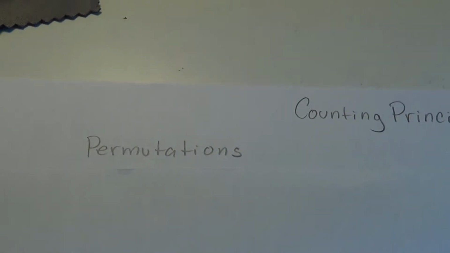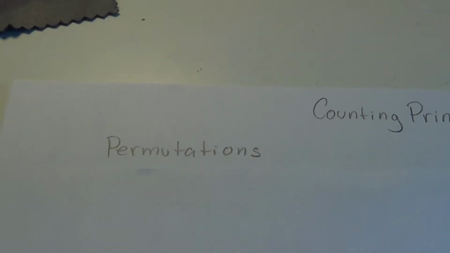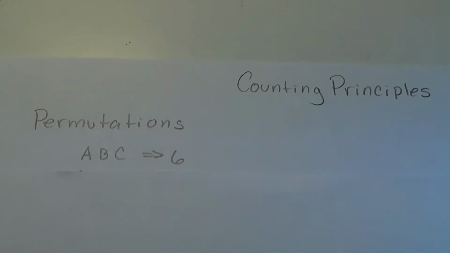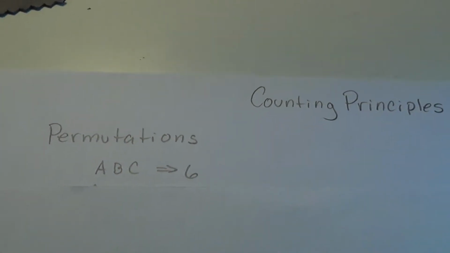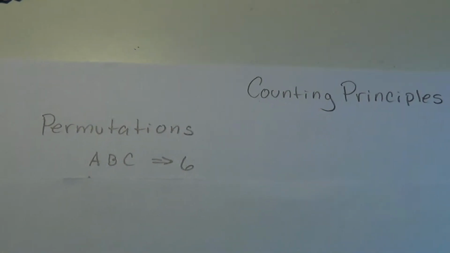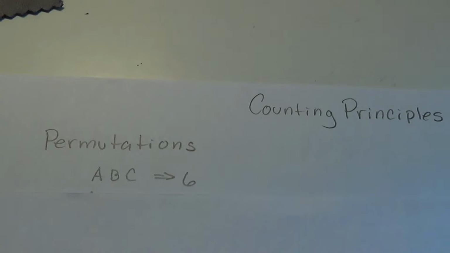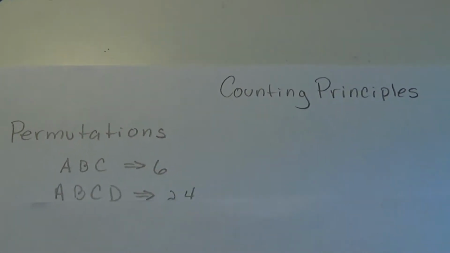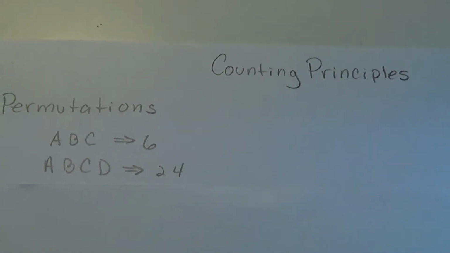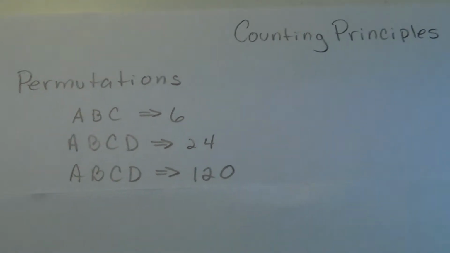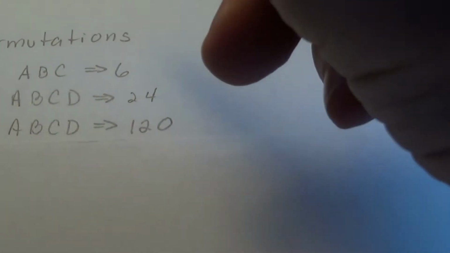We've been talking about permutations, which is a fancy word for arrangements. We started with three letters, A, B, and C, and decided there were 6 different arrangements possible for 3 objects. When we added a 4th one, there were 24.